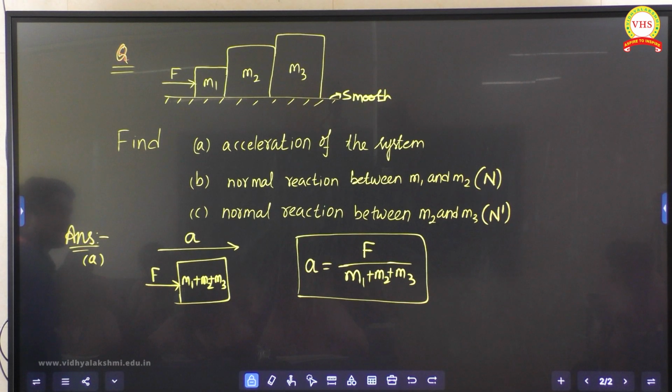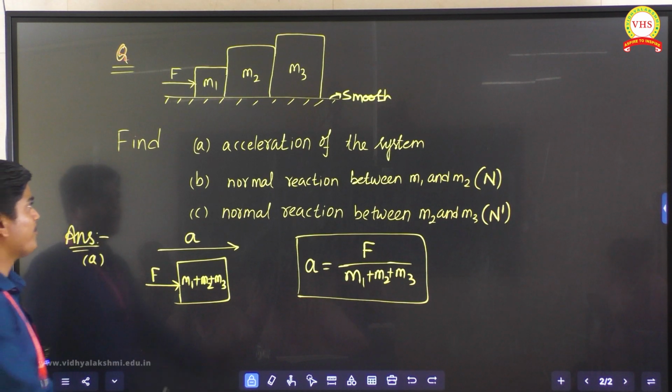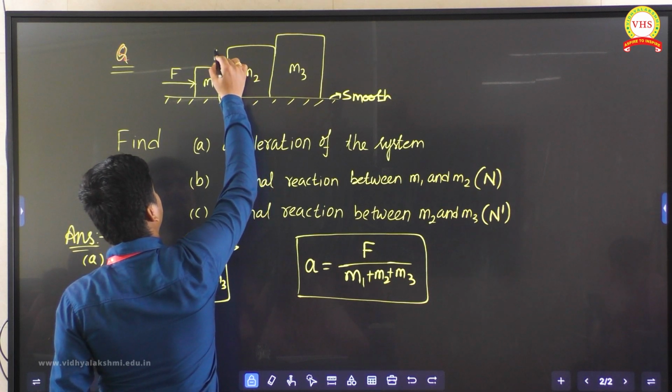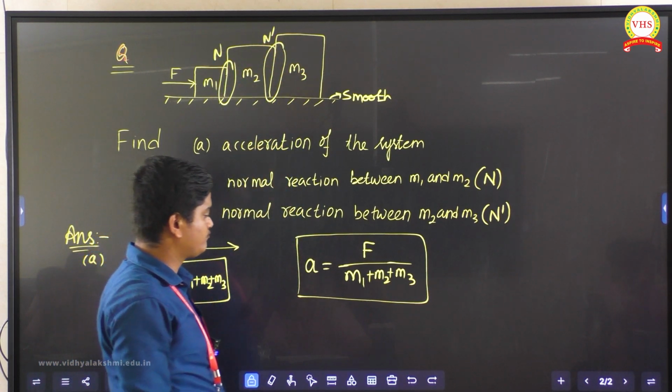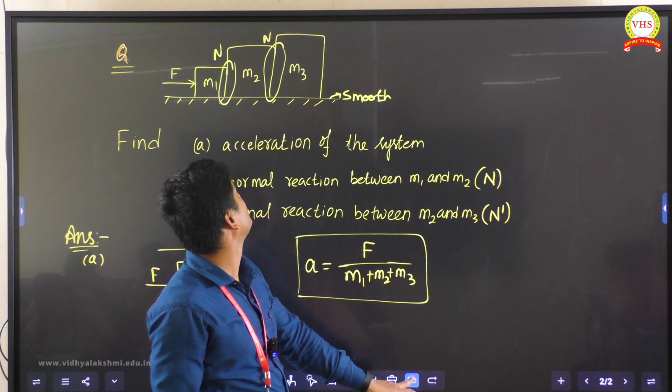Okay. Now the second one is what? Normal reaction between M1 and M2, and then normal reaction between M2 and M3. Clear? Okay. So here the normal reaction is N, and here the normal reaction is N prime. N prime calculation will be easy.